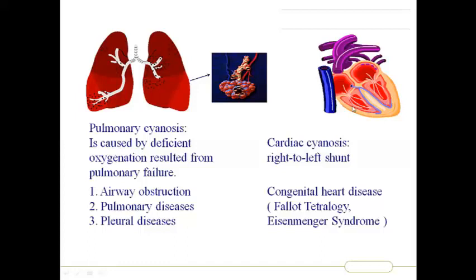Because the right side has deoxygenated blood and the left side has oxygenated blood, it will mix oxygenated and deoxygenated blood and then move to the body. So the deoxygenated blood will be more, and this will cause cyanosis.